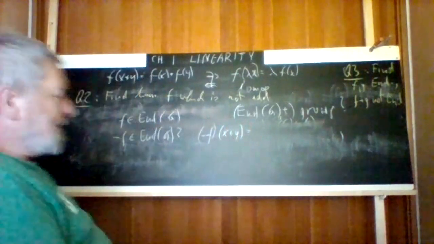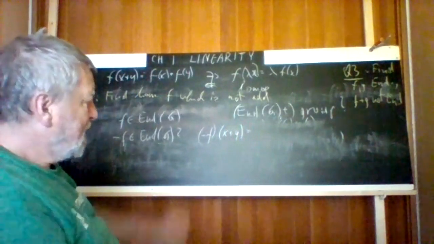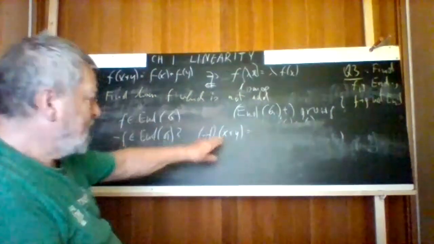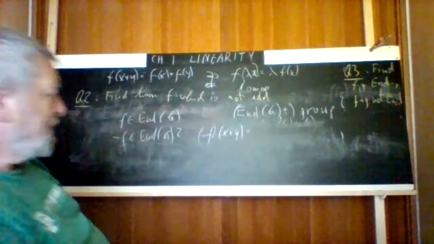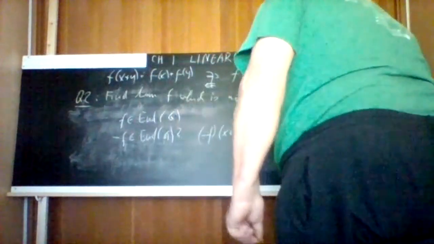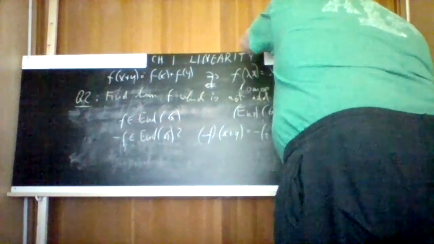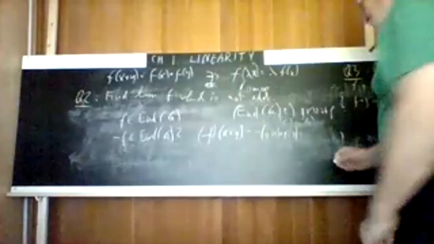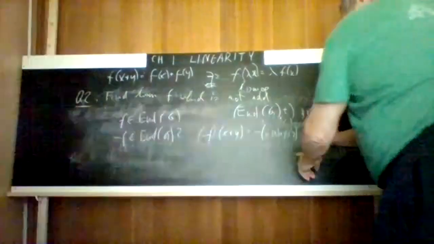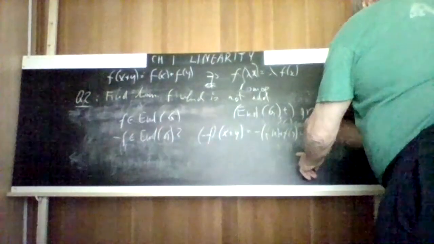Now minus f of x plus y means that we take the whole thing, f of x plus f of y, in the negative. So it's minus f of x plus f of y. And so you know how to compute this. This is minus f of y minus f of x.